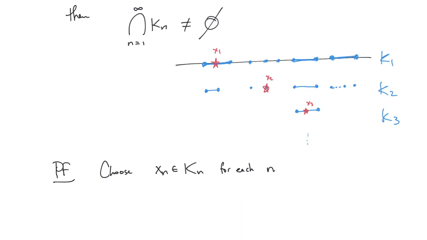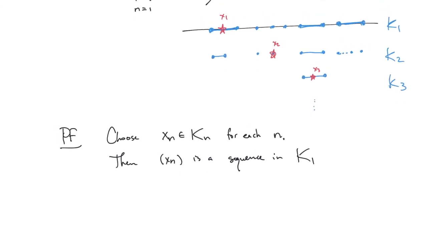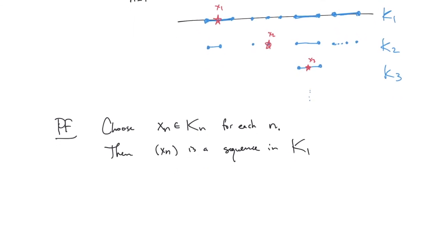That makes a sequence of points in, well, what does it make a sequence of? I suppose this would be a sequence in K1, because all these ones down here are automatically part of K1. If xn is in Kn and the nesting works in this way, all of these points will already have been in K1. They have to be, if they're in the lower down sets, they must also be in the top set. So all of these are in this first set, K1, because of the nesting.